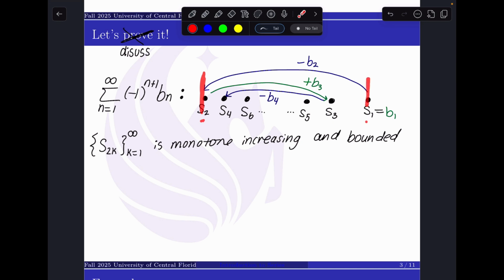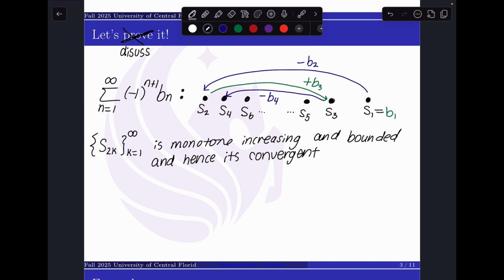Now, you might ask, well, what if this exponent was (-1)^n? Well, then those would just switch. Basically, we would just reflect this image over this line, and we'd have the image for the other one. So, since the sequence is monotone and bounded, we have that it's convergent by the monotone convergence theorem.